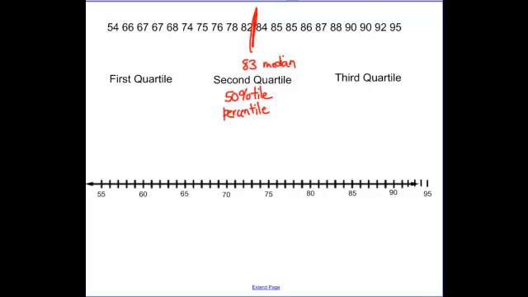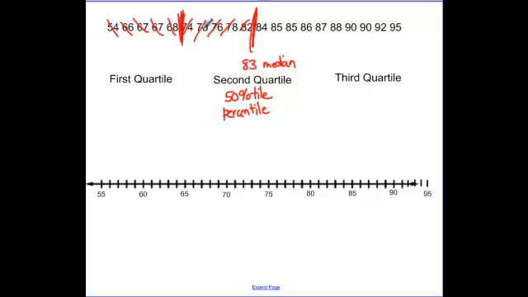All right, so the first quartile is basically the median of the first half of your numbers. All right, so I'll cross off 3 low, 3 high, 2 low, 2 high. I don't have any numbers left, but what number is in between 68 and 74?